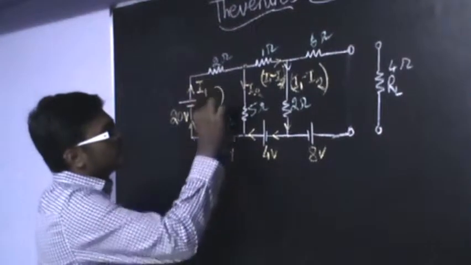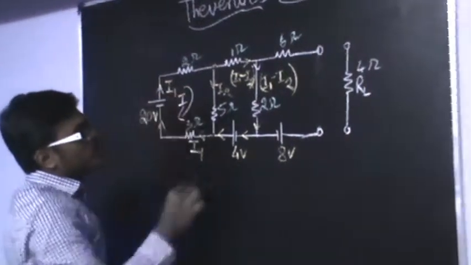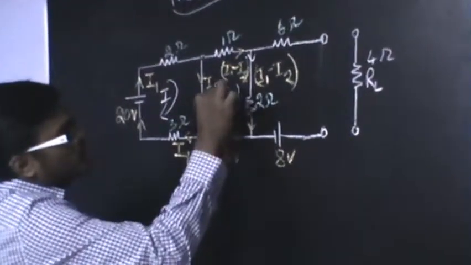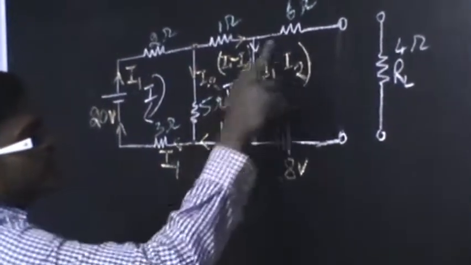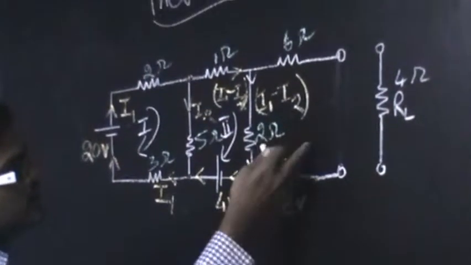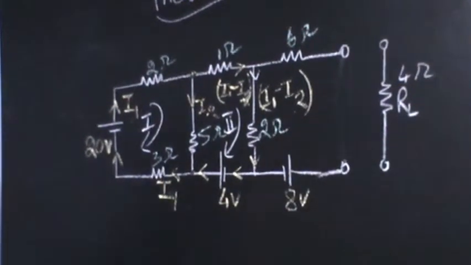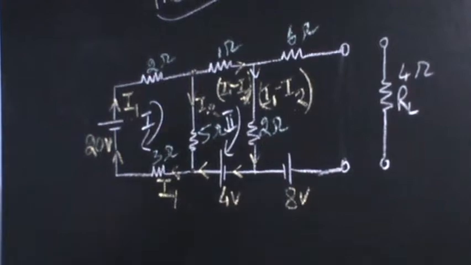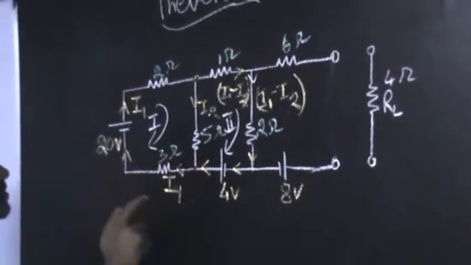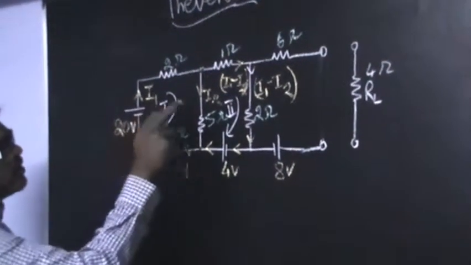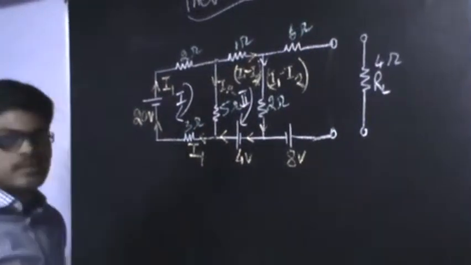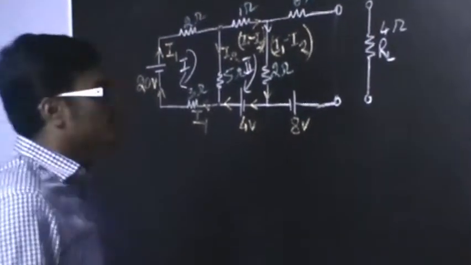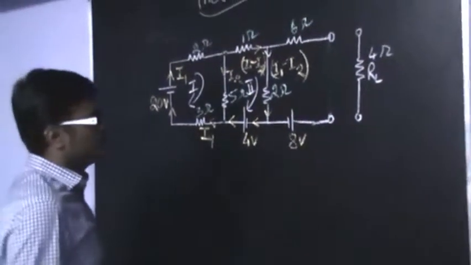So if I take this loop 1, and loop 2, here I can't take this loop as this is an open circuit, and I can take this as a loop. For me it's enough, because I have only 2 variables, I1 and I2. So 2 equations are enough to find the 2 variables.